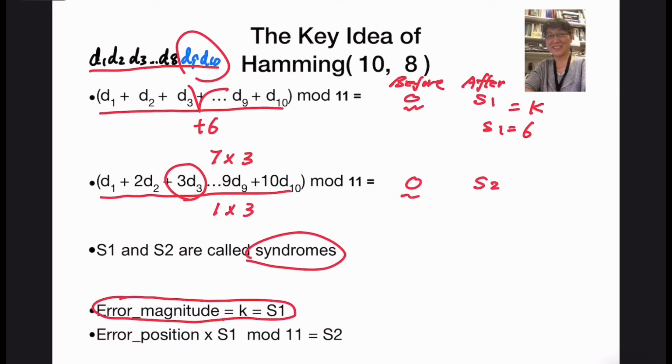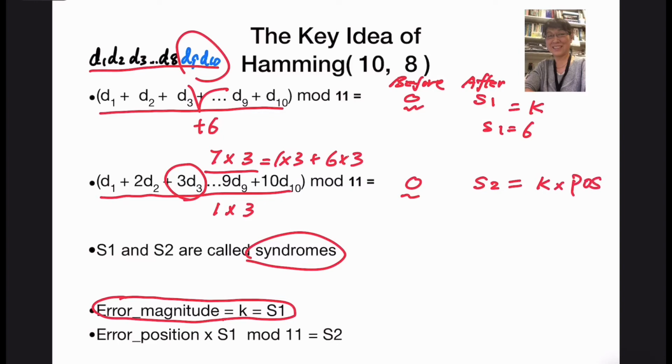So 1 times 3 is the correct value, but we got 7 times 3. Therefore, we really get one actual extra multiplication here, which is 6 times 3. The result of S2 represents the error magnitude k times the position.